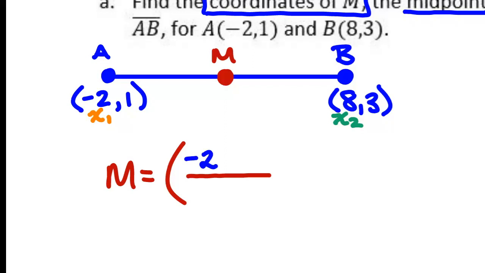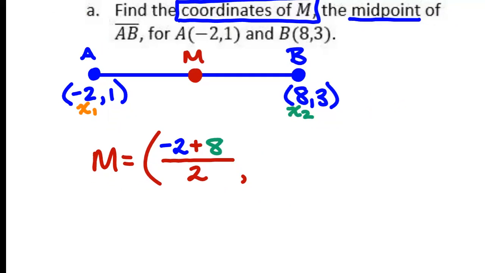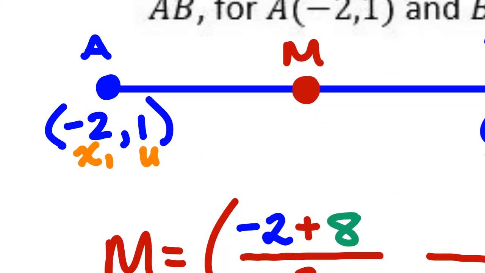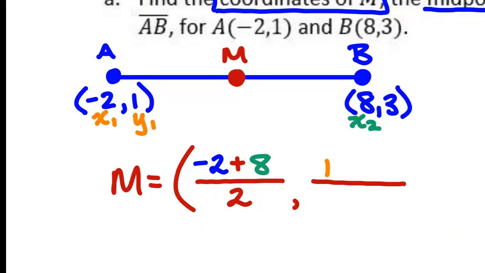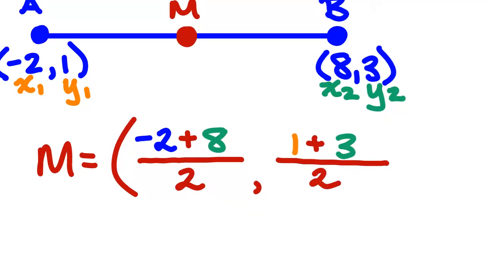So I've got -2 plus 8. And then we're going to do the exact same thing, but with the y parts of each ordered pair. So I'm going to take y1, which is 1, and add that to y2, which is 3, and then we'll cut that in half. We'll divide by 2.